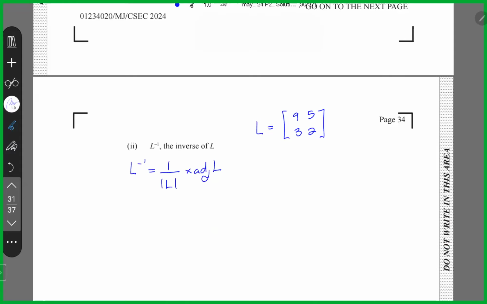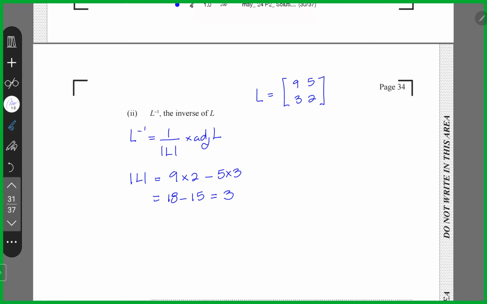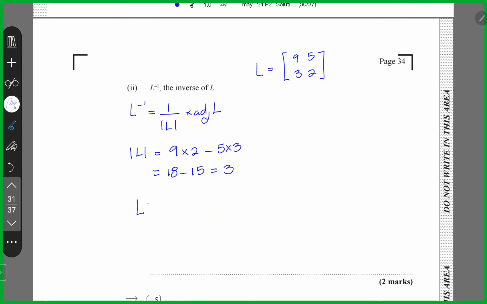And so the determinant of L would be 9 times 2 minus 5 times 3. This is 18 minus 15. This is 3.